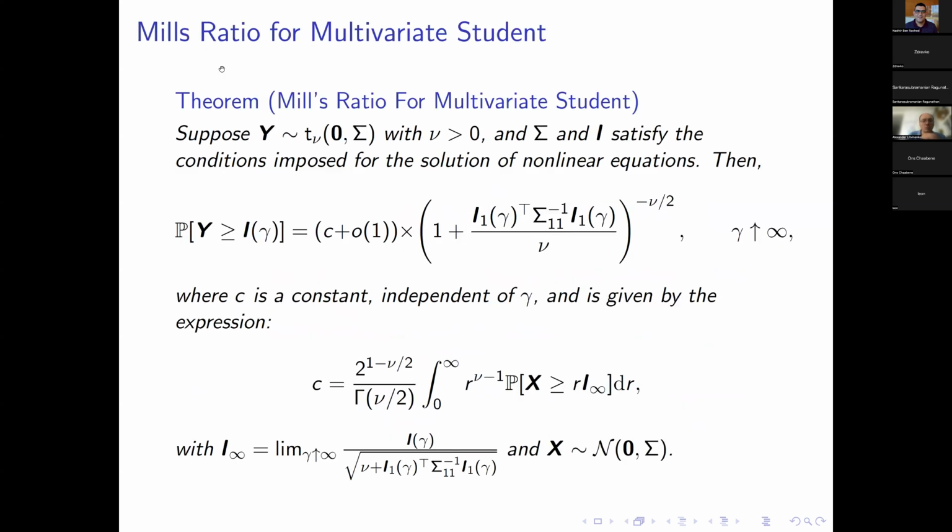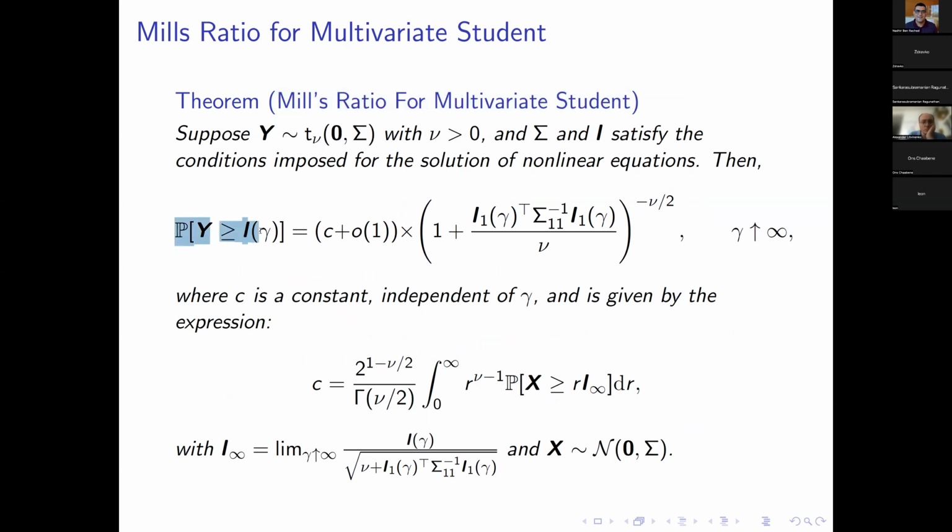And not surprisingly, in my paper, the Mills ratio for the multivariate student also looks very similar to the Mills ratio for the multivariate Gaussian.